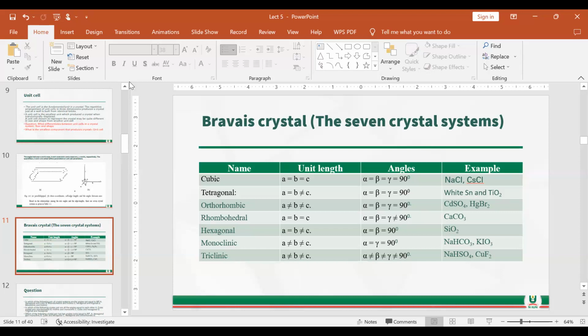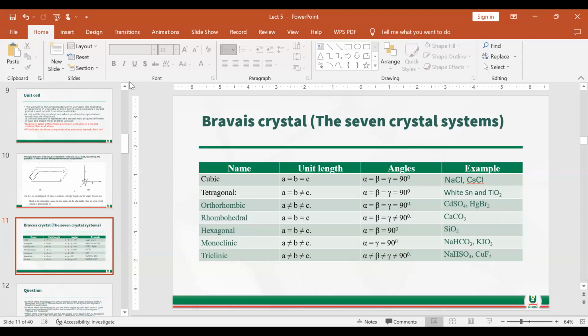And we have the triclinic. None of the sides are equal, and none of the angles is equal to 90 degrees. What's the difference between monoclinic and triclinic? In the first one, some angles are equal to 90, but in the second one, triclinic, none of the angles is equal to 90 degrees.